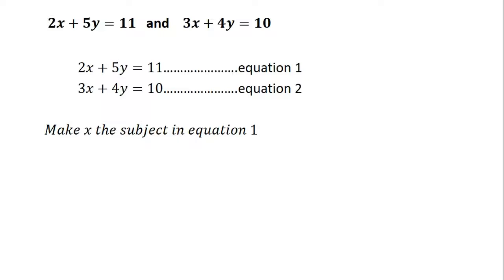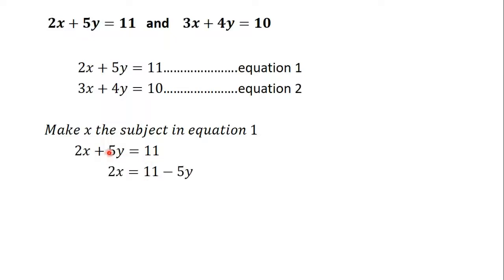I'm going to pick equation 1, so I'm going to make x the subject in equation 1. You can choose to make y the subject in equation 2. It doesn't matter. You are going to get the same answer. Now, to make x the subject in equation 1, we know that equation 1 is 2x plus 5y is equal to 11.